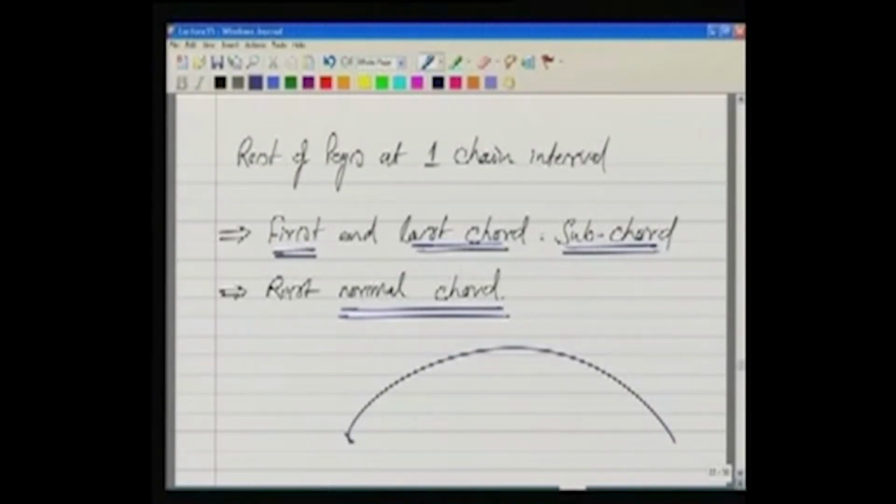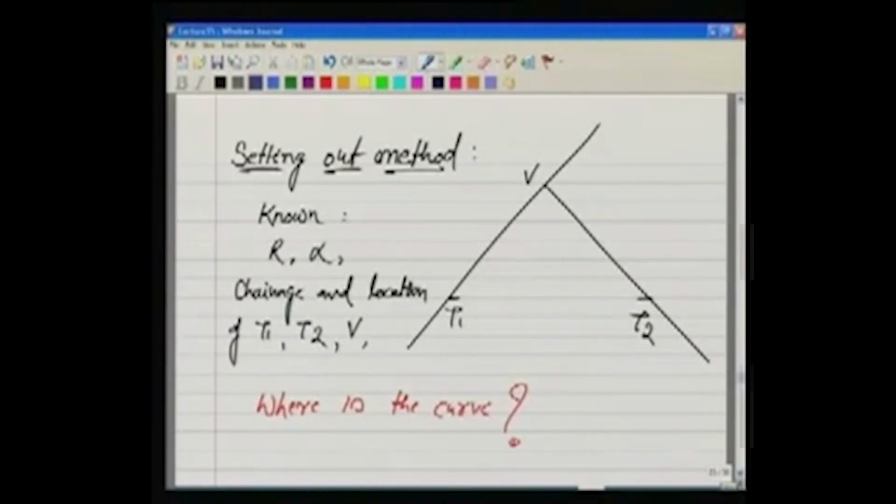Because the very first one was smaller, the last one may also be smaller, and in between, all are separated by a full interval, or one chain, or one tape. This is why we name the first and last as subchords and the rest as normal chords. Having understood this, now we will go for setting out methods.